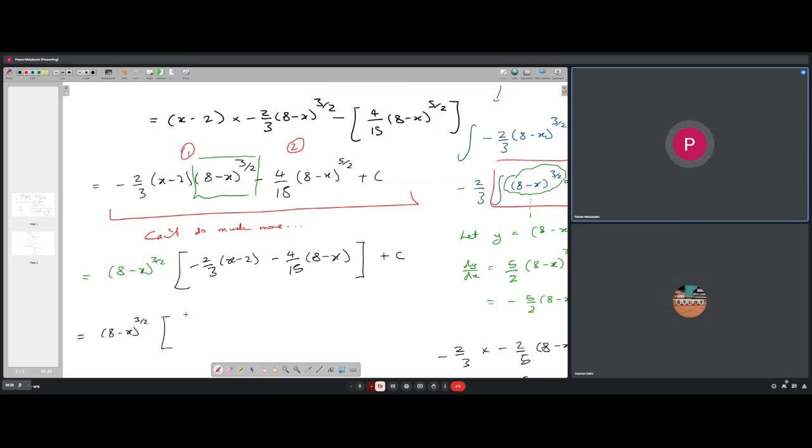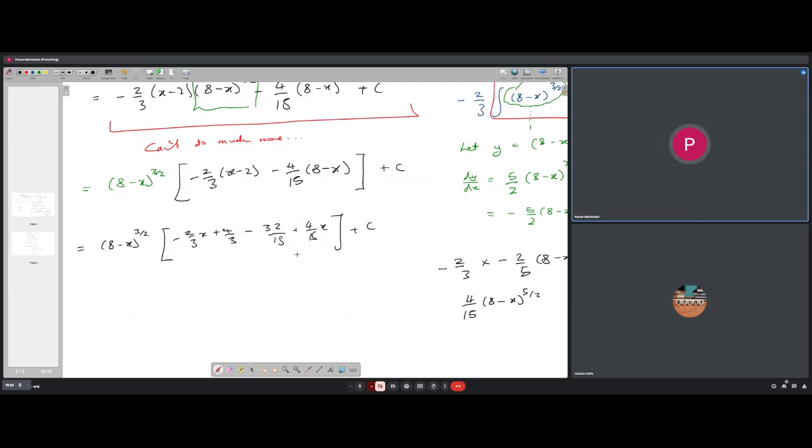So now all you have to do is just expand and simplify. So you got minus 2/3 of x plus 4/3 minus, I don't know what that would be, that would be minus 32 over 15 plus 4/15 of x plus c. I wonder if this fits together nicely.